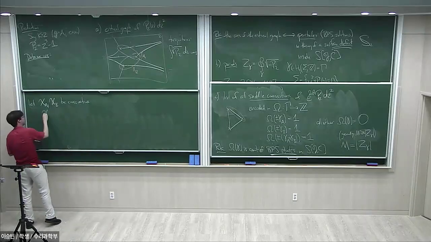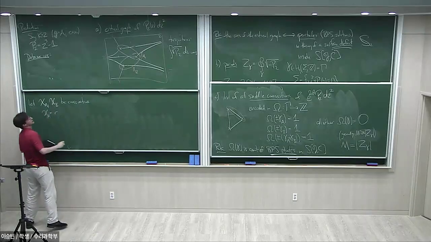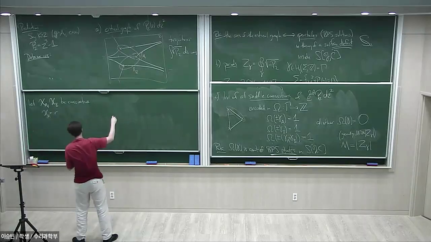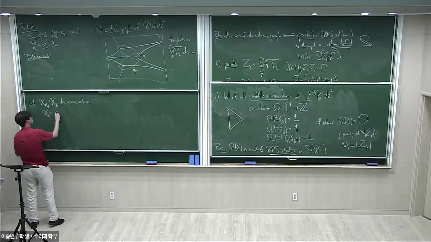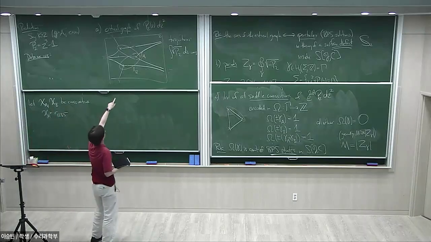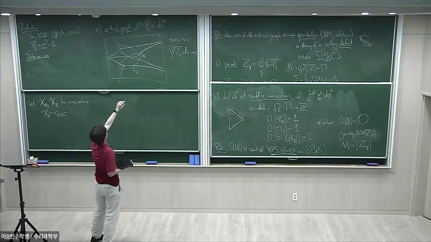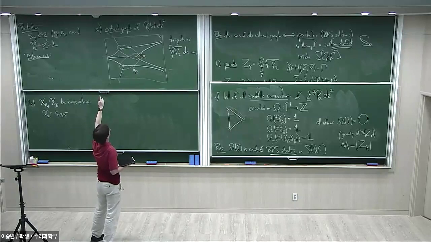So XA will be the cross ratio of vertices, and we've got the vertices numbered there: vertices 1, 2, 3, 5. If you look at gamma A and look at all the trajectories that emanate from the 2 points in gamma A, you'll see 1, 2, 3, 5.